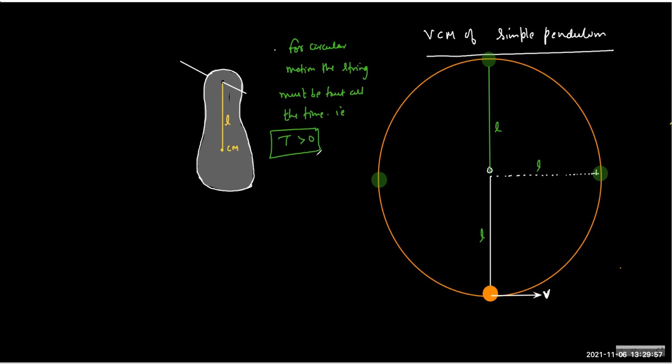And if the only force acting is gravity, then what will be the path of the bob? The shape of the path: parabola. It's not a circle. Now, this is the most important part which you need to remember and understand: motion under gravity cannot be a circle.